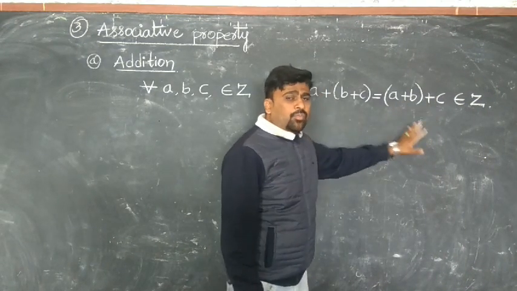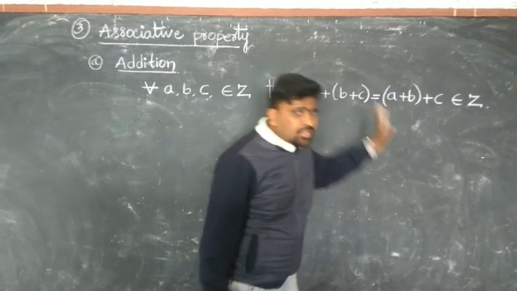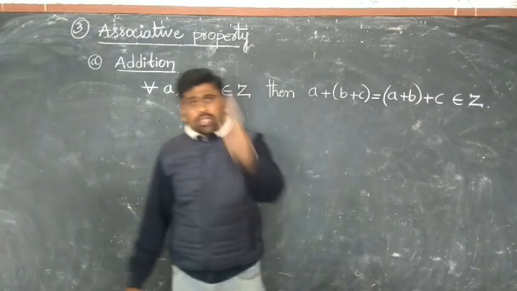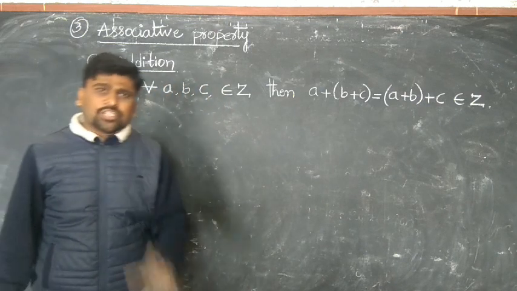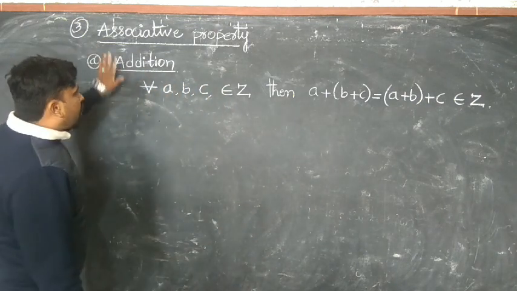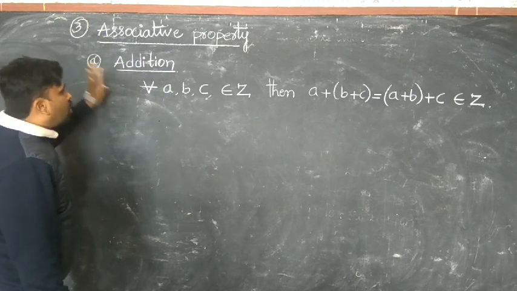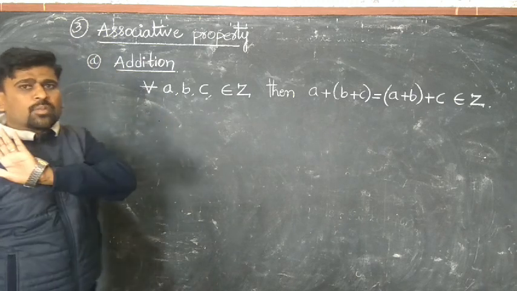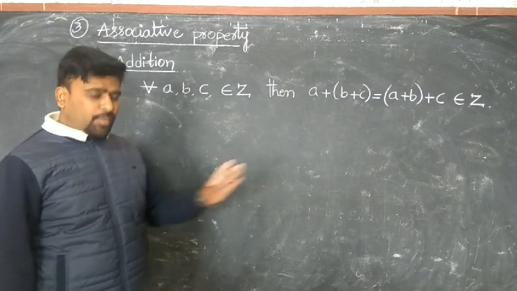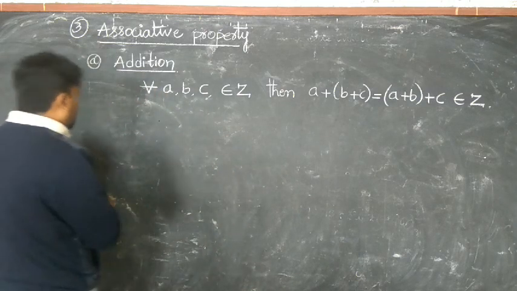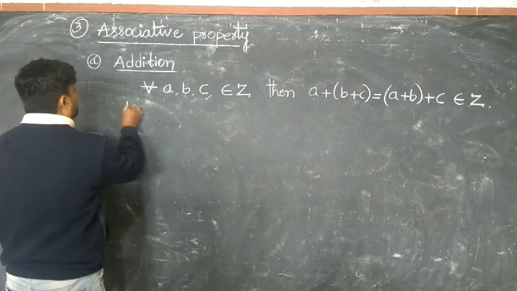If both the LHS and RHS answers are equal, that means it satisfies under addition. Regarding the associative property also, it comes for only addition, it does not come for subtraction, like the commutative property. See one example for this.